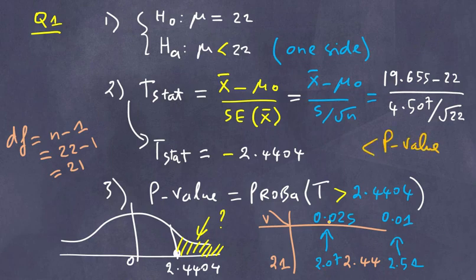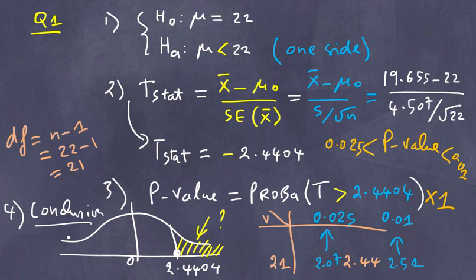So the p-value is between 0.025 and 0.01. Because this is a one-sided test, we don't have to multiply the p-value by 2. We multiply it by 1 because it's one-sided. If it was two-sided, like if mu was not equal to 22, we would have multiplied the p-value by 2. But it's not.